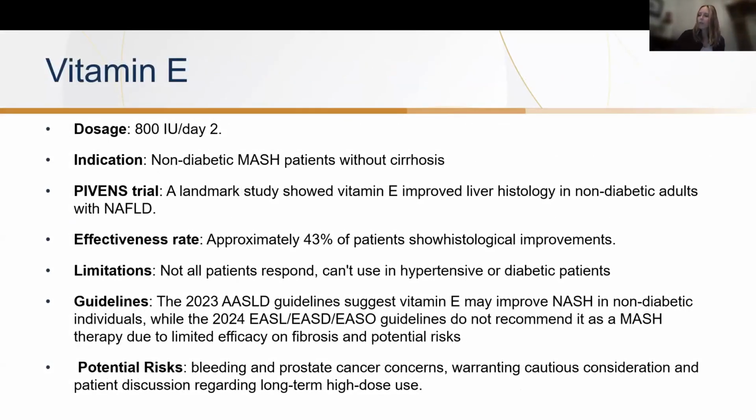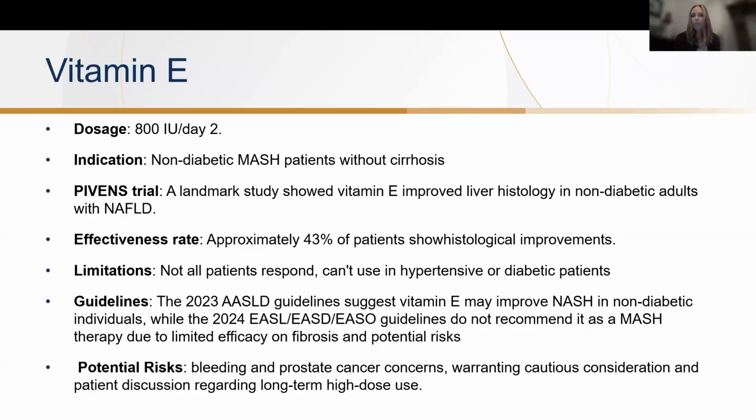What about vitamin E? This is somewhat controversial. There's back and forth on this, but the dosage is 800 international units per day, and it's indicated for non-diabetic MASH patients without cirrhosis. The PIVENS trial was a landmark study that showed vitamin E improved liver histology in non-diabetic adults with NAFLD.